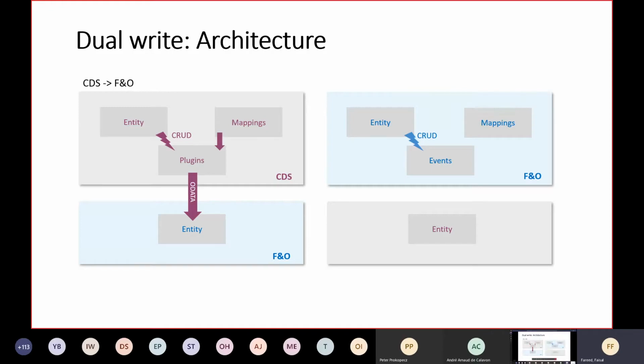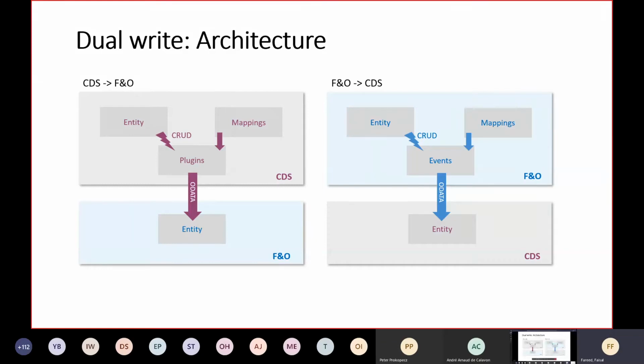These are the table level events which combine and bubble up at the entity level. As part of the dual write framework, there has been a lot of restructuring of the table level events, which bubble up and write all the events. Then these events, using the mappings we define, call the OData and write data back into the CDS.